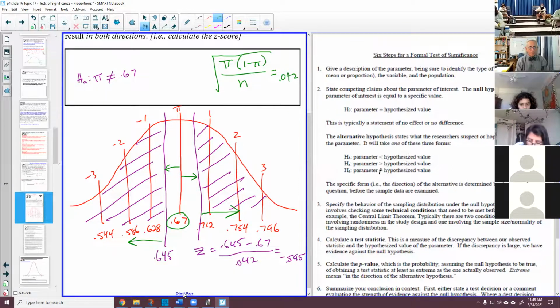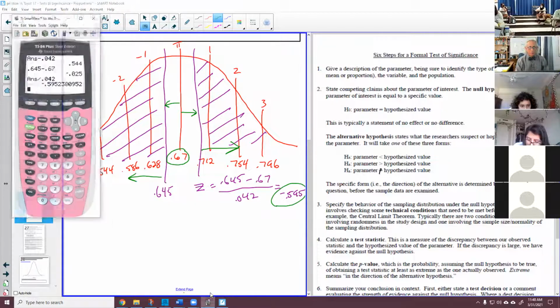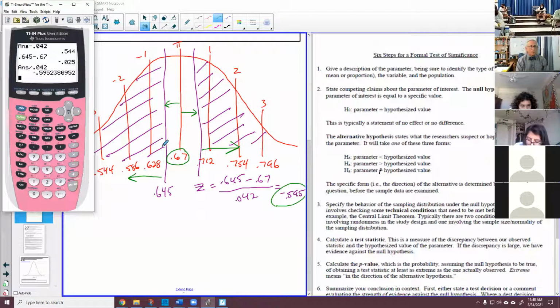How am I going to do that? I got my z-score right here. So let's do this side first. I can go normal CDF, negative 0.595, comma, negative 99, because I'm going in this direction here.